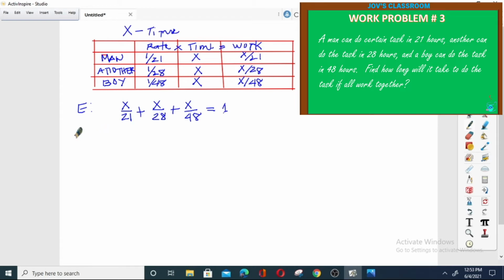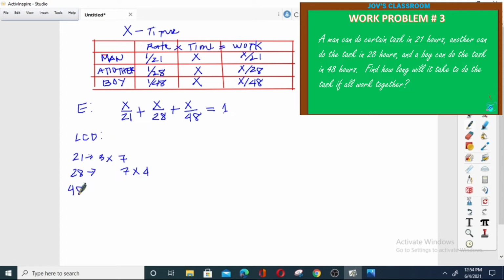So to simplify this one, get the LCD. For 21, the factors are 3 multiplied by 7. For 28, the factors are 7 times 4.